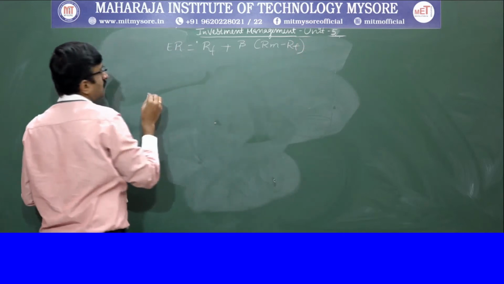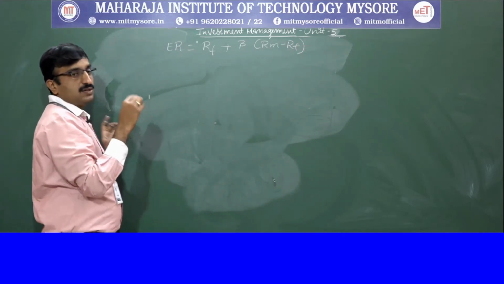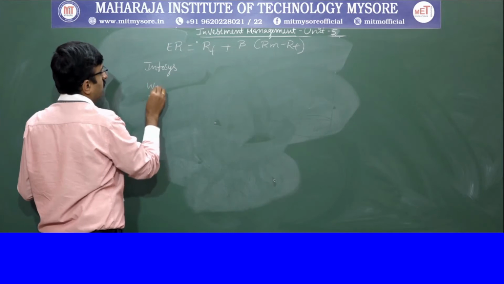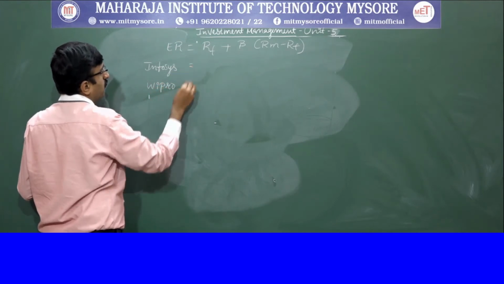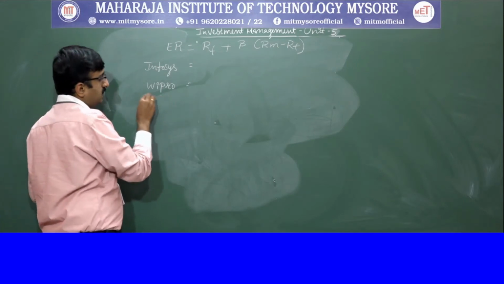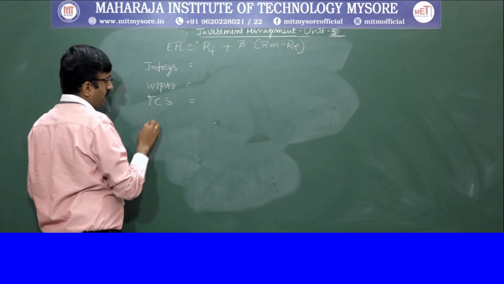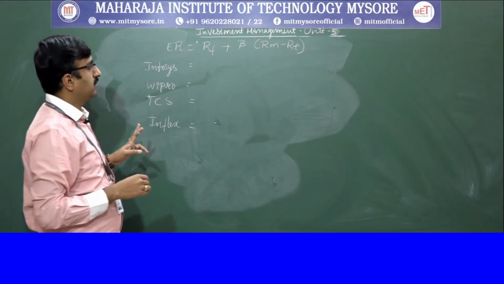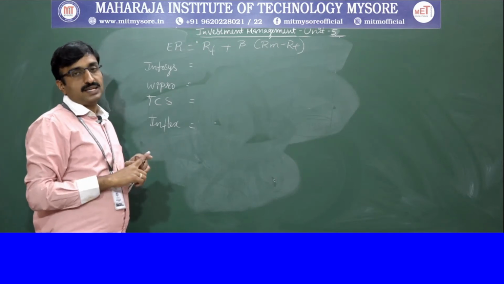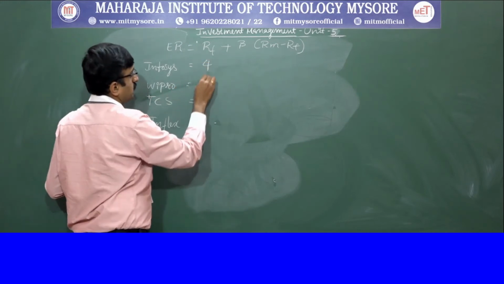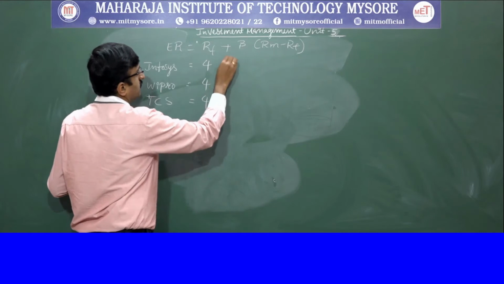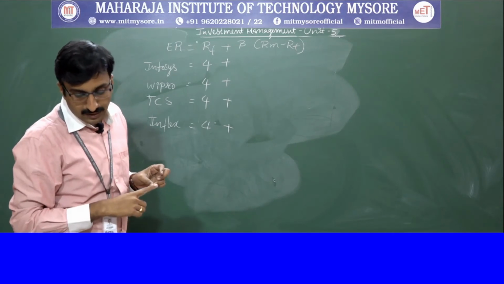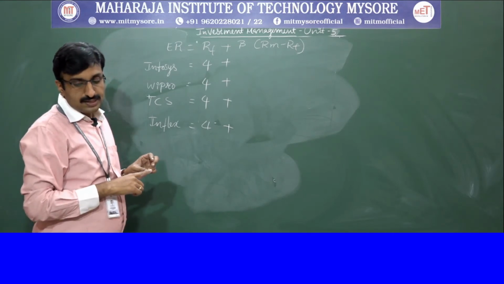We have different types of stocks here: Wipro, Infosys, TCS and Inflex. The risk-free rate RF they have given is 4%, it is common to all, plus beta varies from one company to another. The betas are 0.89, 0.75, 1.25, 0.58.